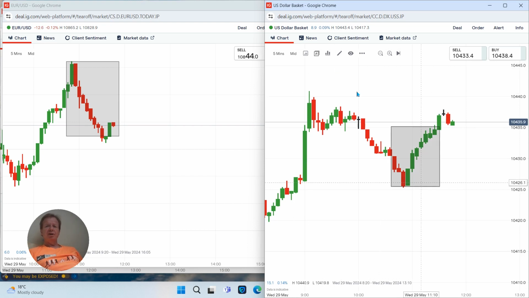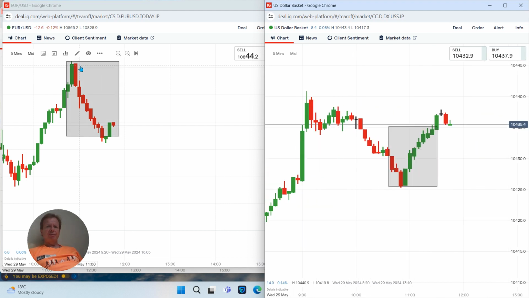Normally what I do is I check the US dollar basket to see if the dollar is going up or down against this basket of currencies, because I know if it's going up, then probably the pound and the euro are going down against the dollar. And look how symmetrical they are. In these grayed out boxes, you can see the euro against US dollar is currently going down, and that's because the dollar's going up. So you can see exactly the same, only in opposite directions.